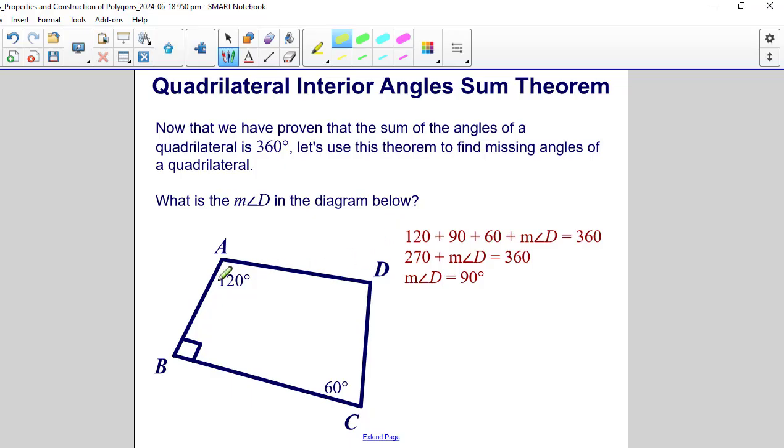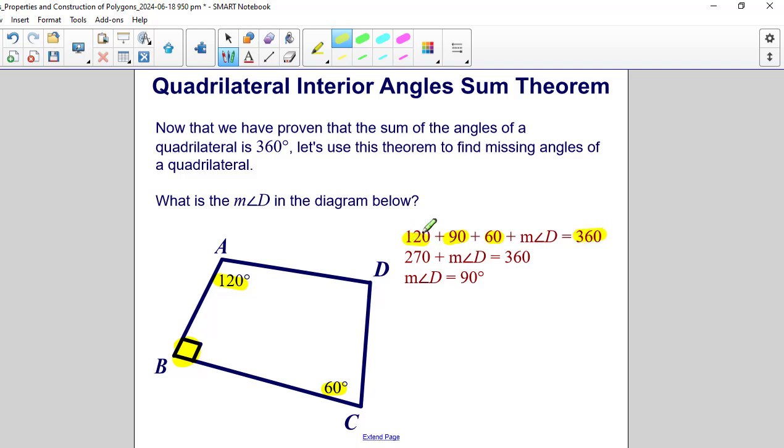We are given that this is 120 degrees. This symbol here means that this angle is 90 degrees. That's the right angle symbol. And we're also told that angle C is equal to 60 degrees. So here we have angle A is 120, angle B is 90, angle C is 60. Plus whatever the measure of angle D is, has to total 360 degrees.